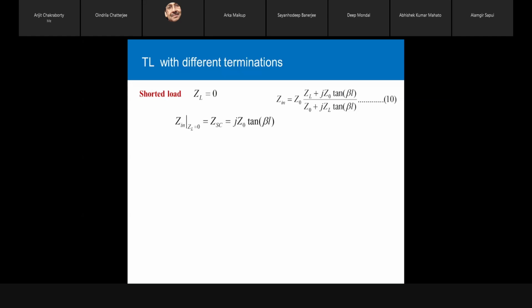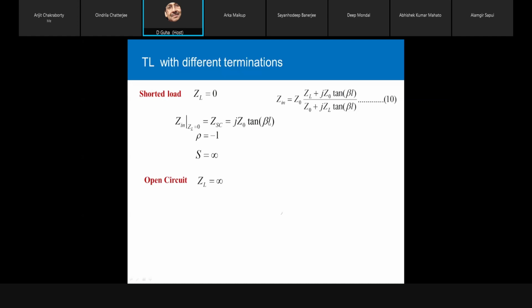So I'm interested to know the input impedance. In that case, reflection coefficient we know, what is voltage standing wave ratio. But here we are getting for the first time this expression: when the load is short, what will be our input impedance as a function of L. L means it is from the source end.